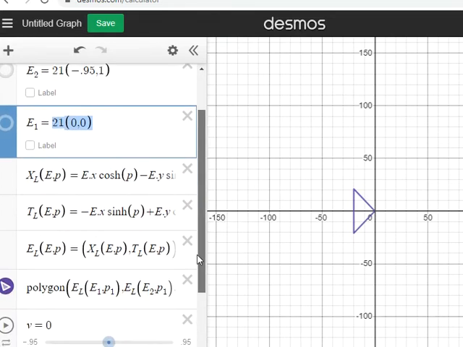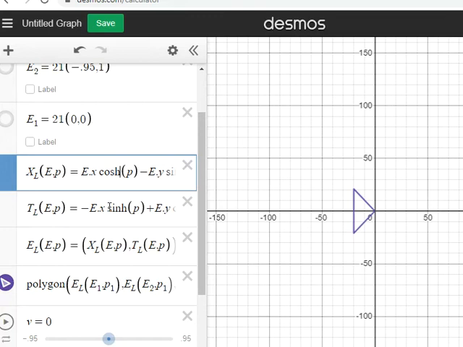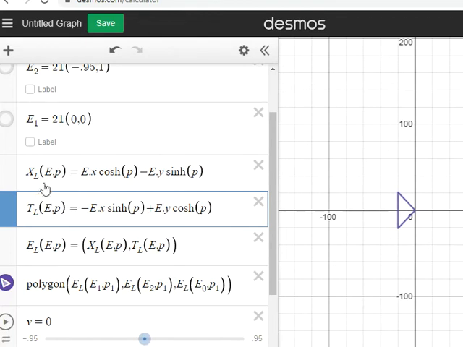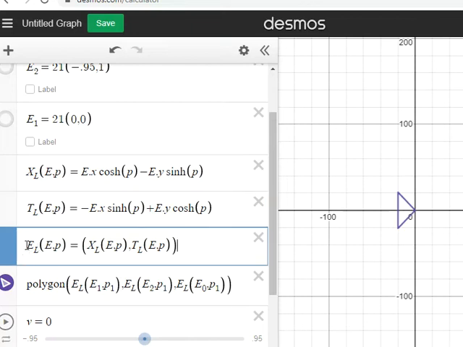I've put in the Lorentz transformation equations, which I put in their hyperbolic form, giving the value of the Lorentz transform for the x coordinate and the Lorentz transform for the t coordinate, and then I've put those two together so that I get a point with both the x and t coordinate.